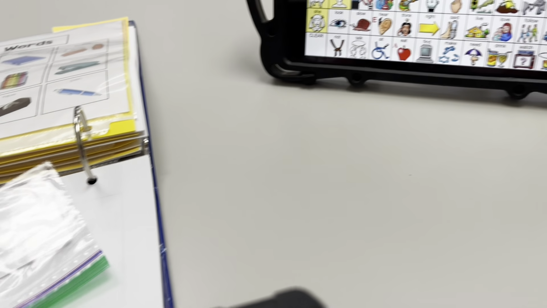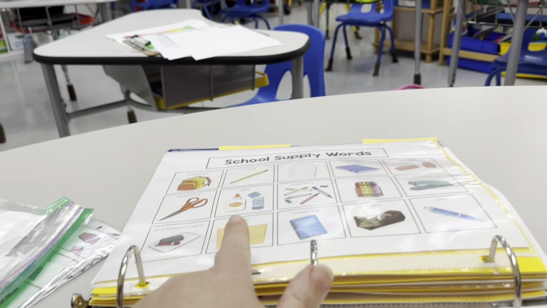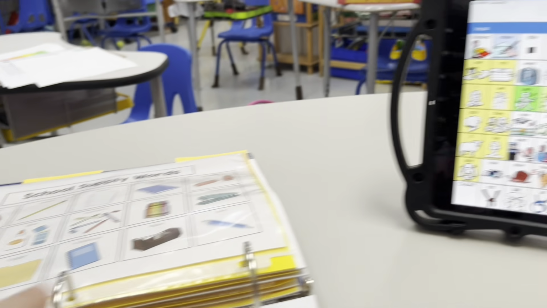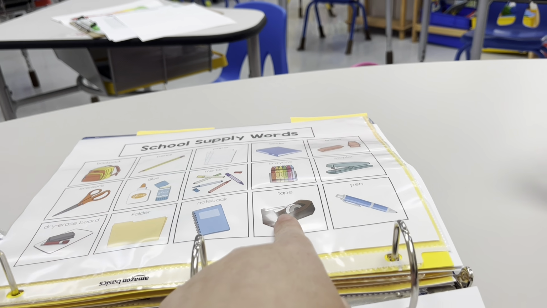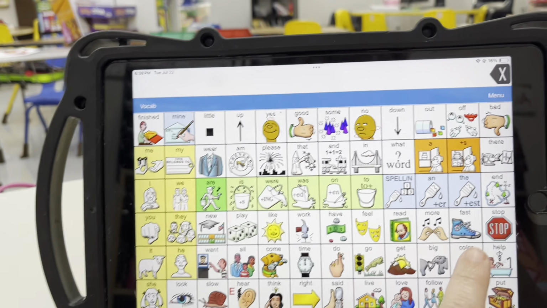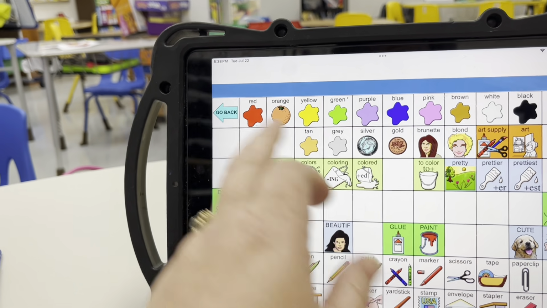For AAC users, I'm also interested in them being able to connect the word boards to their AAC devices. So for the word pen or tape or notebook, they're not just matching crayons, they're also going to see if they can go to their AAC device and find it, which of course I would have to model.